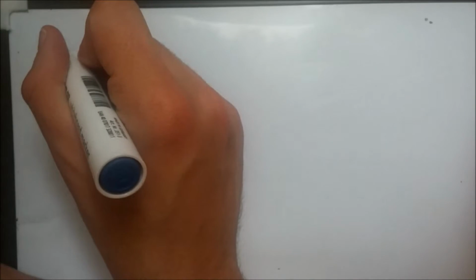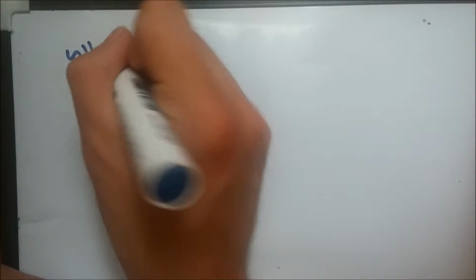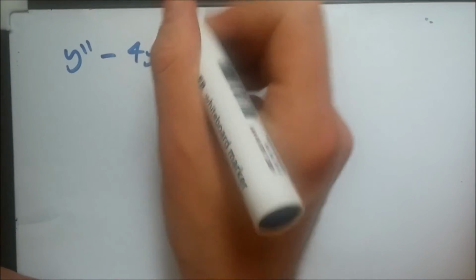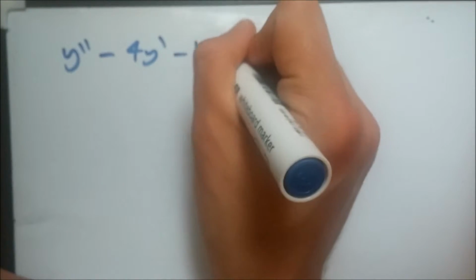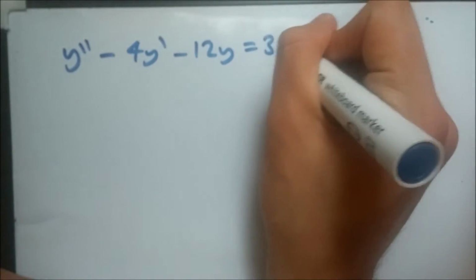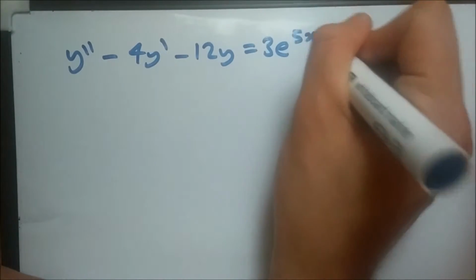Okay, so now that we've understood exactly what the complementary and particular part is, let's do one nice example. Example 1. Let's try and find the complementary and the particular solution to this one. Suppose we have a second order ODE, a very nice, simple one: y'' minus 4y' minus 12y equals 3e to the power 5x.